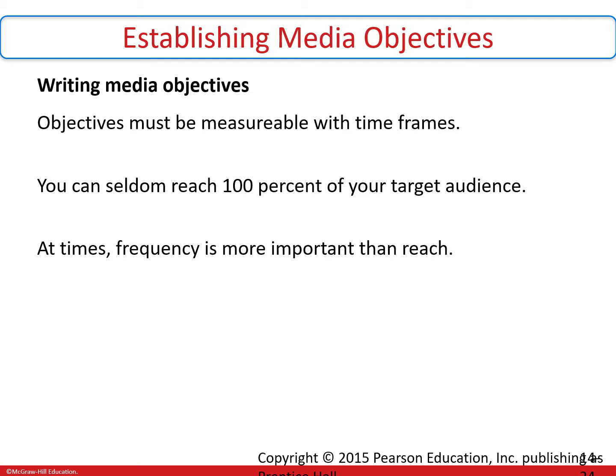And sometimes you can even sacrifice reach for frequency. That's why certain media are recommended when you have a frequency objective, media that people spend a lot of time on, and so there are great opportunities for repeated exposure to your message.